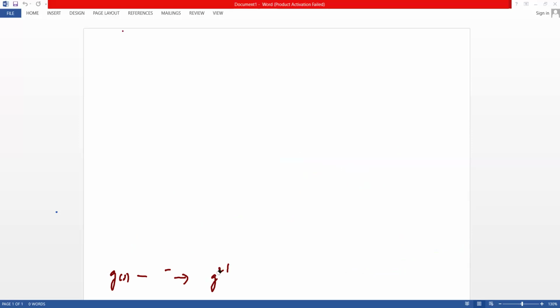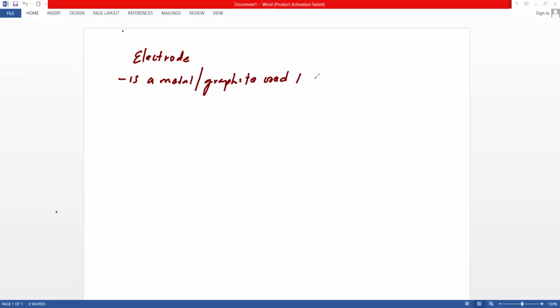Right, let's now start with the types of electrode. An electrode is just a metal or graphite that is used to conduct electricity.